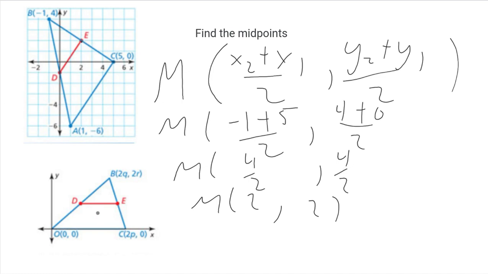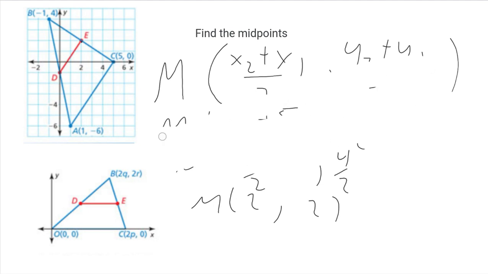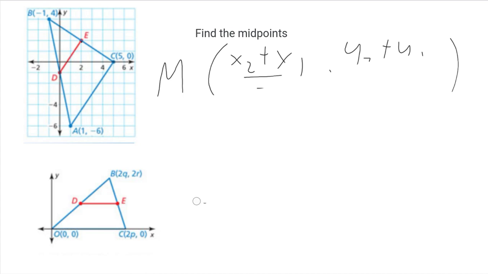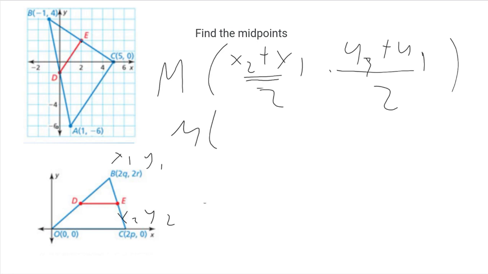However, we can then use it for more complicated things where they don't give us the actual numbers. It's still going to be the same formula, where this is x1, y1, x2, y2. So x2 was 2p plus 2q over 2.